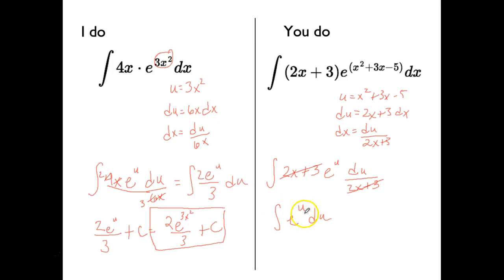And the integral of e to the u is very easy. It's the same thing, e to the u plus c. Okay, and don't forget to switch that u back to being x's. So it's e to the x squared plus 3x minus 5 plus c. And there's my answer, right there.